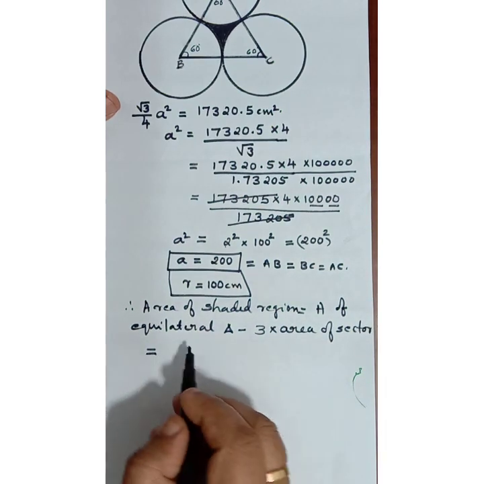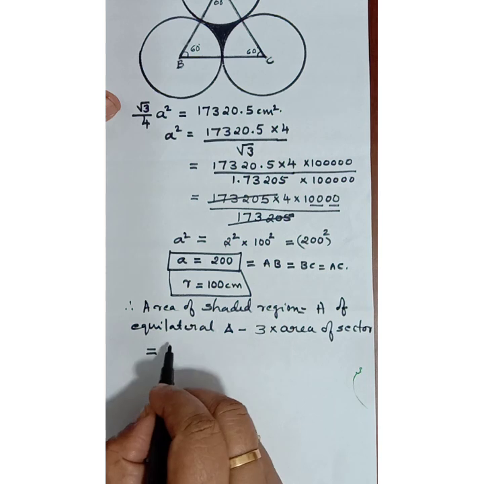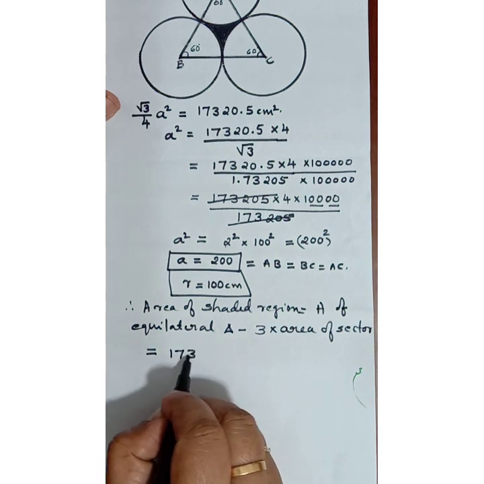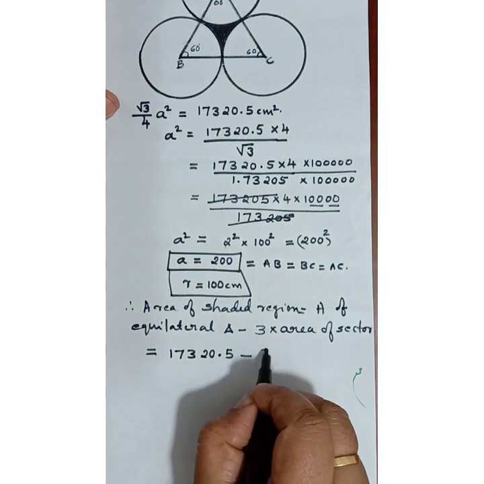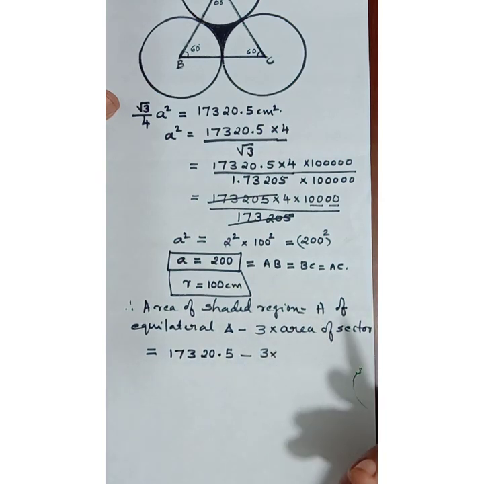Now just a substitution only. Area of equilateral triangle is given to us. It is 17,320.5 cm square minus 3 into area of sector.